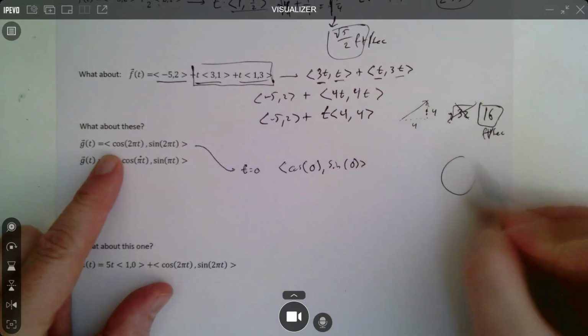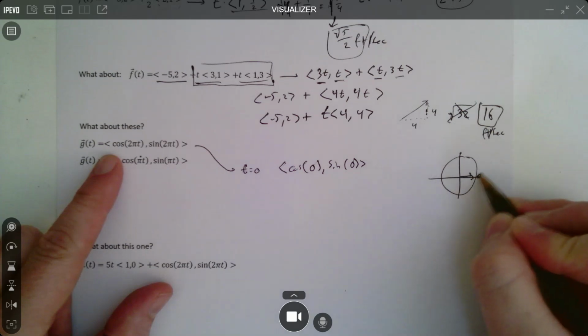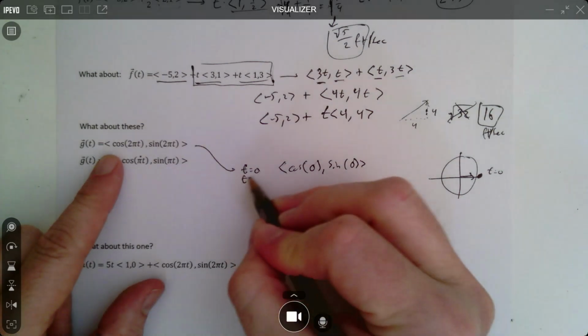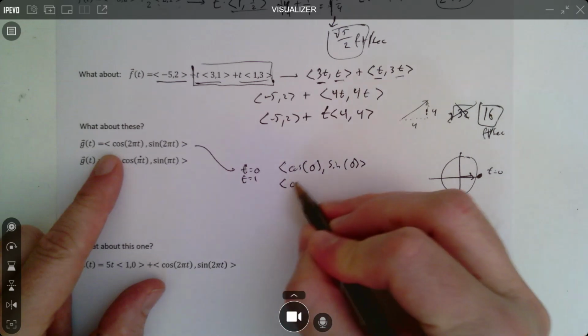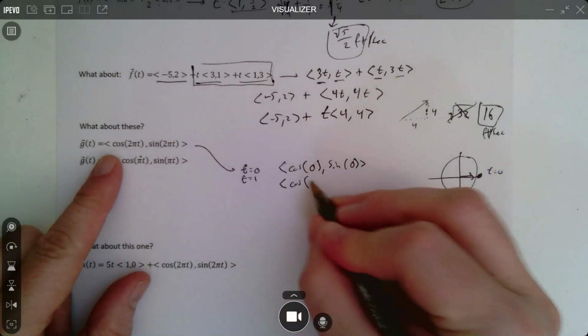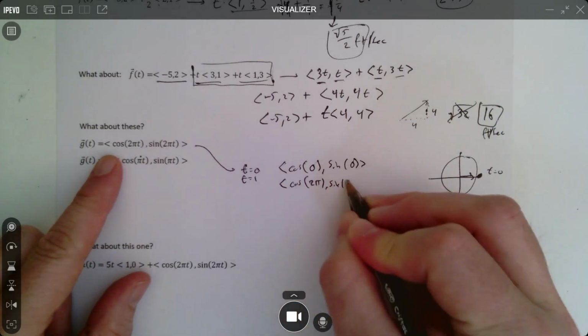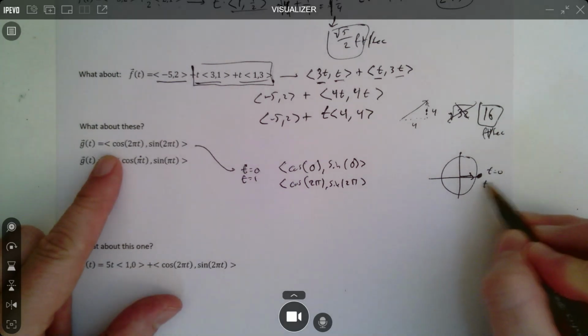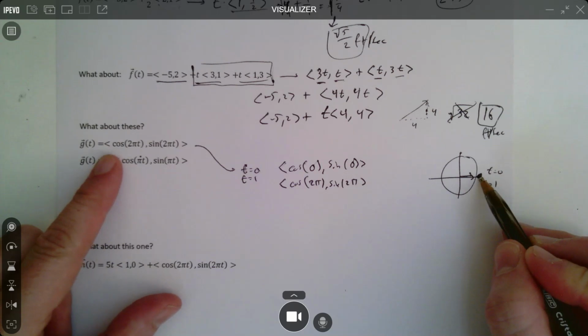So if I'm sort of visualizing where that is, that's right here. So here I am at time 0. Where am I 1 second later? At time 1, I am at cosine, let's see, 2 pi times 1 is just 2 pi, sine 2 pi. All right, so, 1 second later, it looks like I'm at that exact same spot.